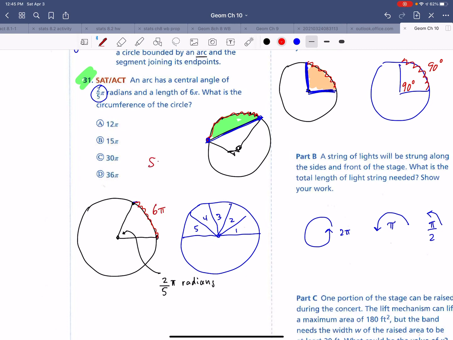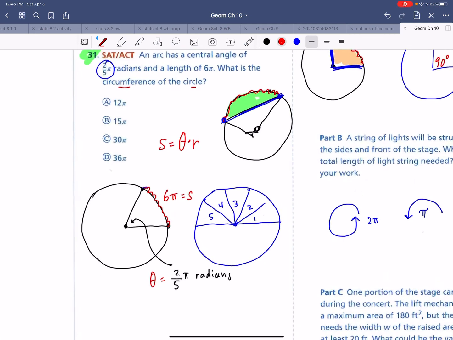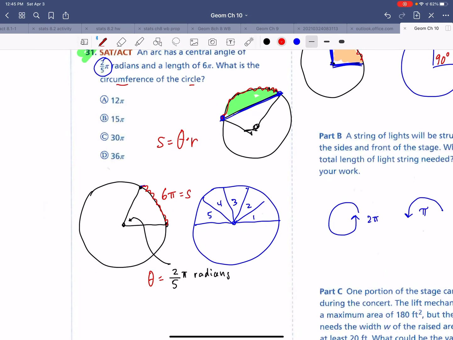We know our formula, S equals theta, this is our theta, times R for radius. What is the circumference of the circle? So we're not quite there. S is 6 pi. Our angle is 2/5 pi. And we need to solve for R. Once we solve for R, we can find our circumference, which is 2 pi r. So once we know that, we can plug it in.